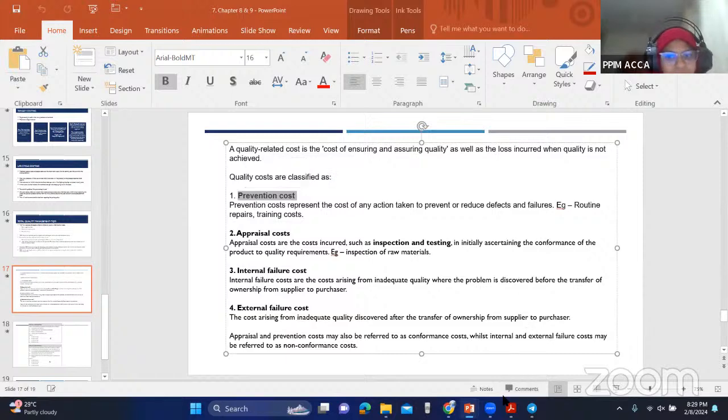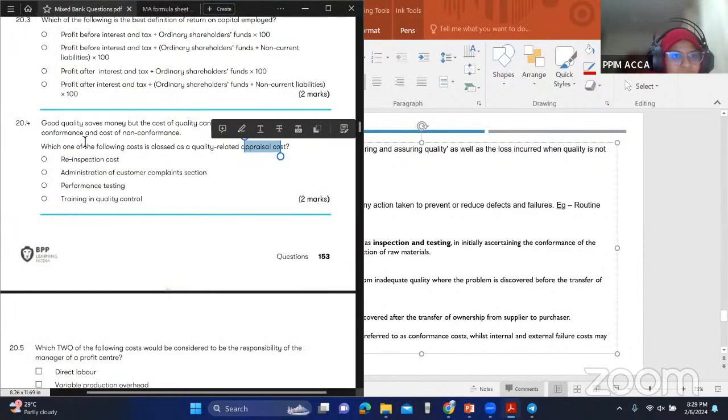But performance testing happens after we have done the training. We have finished the training, and now we are checking how our employee is working. Is he doing well? Is he not doing well? This performance testing happens either while making the product or a little before that, so it can fall under appraisal.